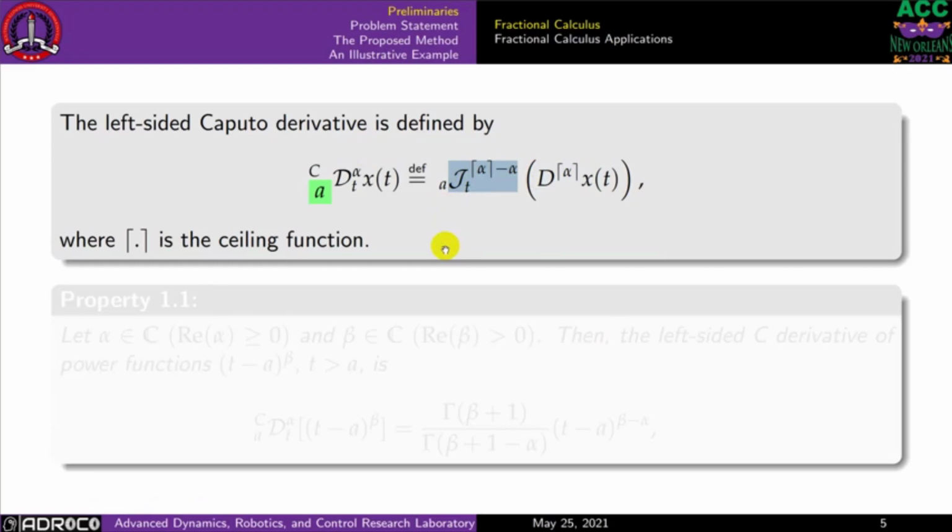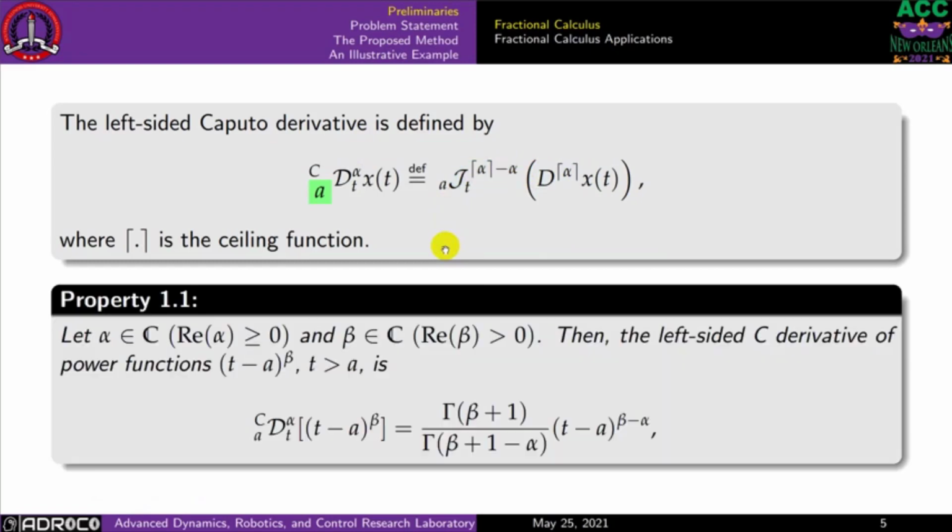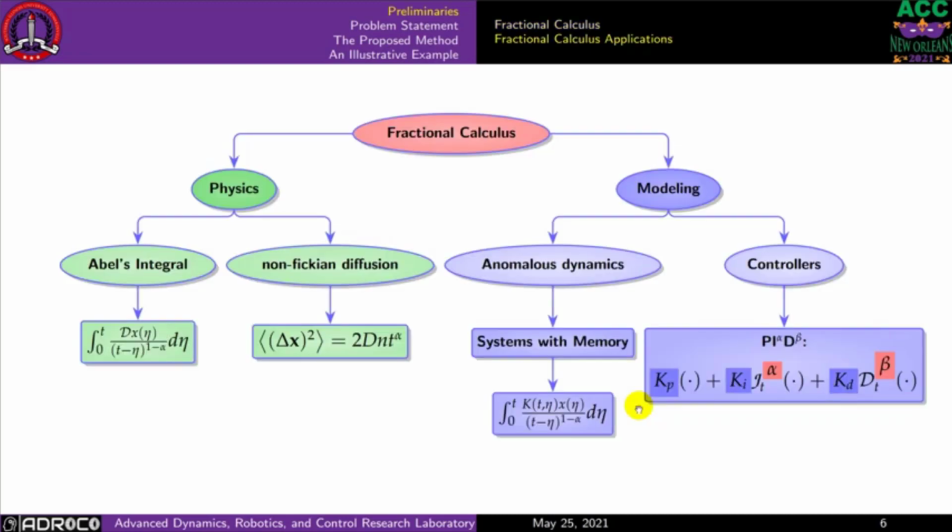The good thing about this definition is that we will have some nice properties, including the property that I am showing here in this slide, which will be used later on to develop our method. In this property, you can see that the fractional derivative of the power function, such as t minus a, if the a matches the lower terminal, can be explicitly expressed by the simple power function that we have on the right-hand side of the equation.